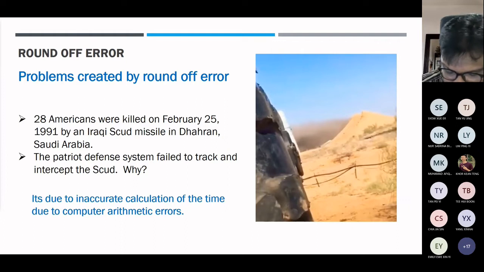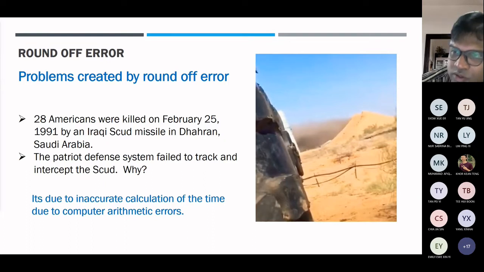Now the real life application. 28 Americans were killed on February 25th, 1991, by an Iraqi Scud missile in Dhahran, Saudi Arabia. This incident is famous and is considered the best example in the numerical field.